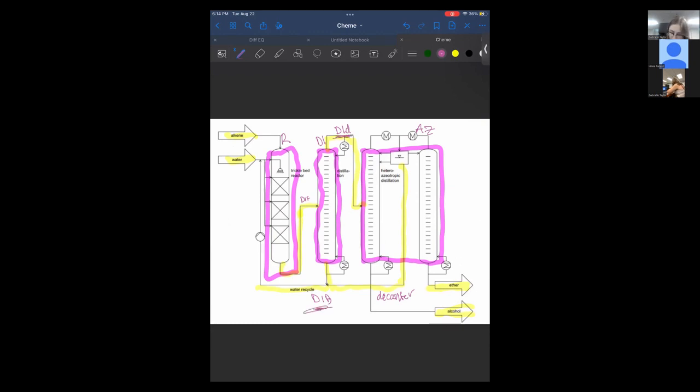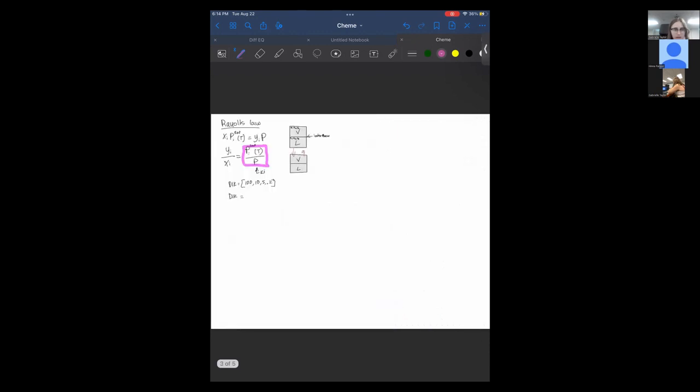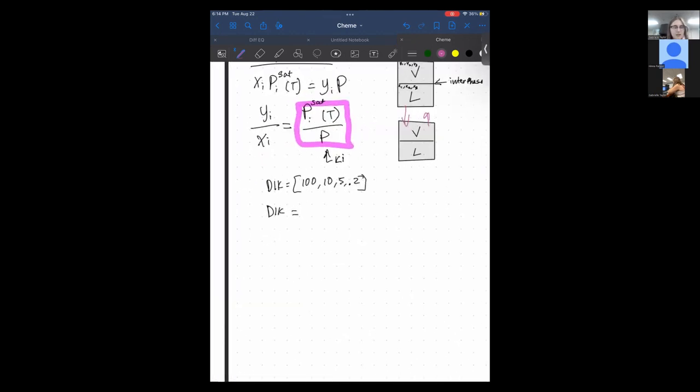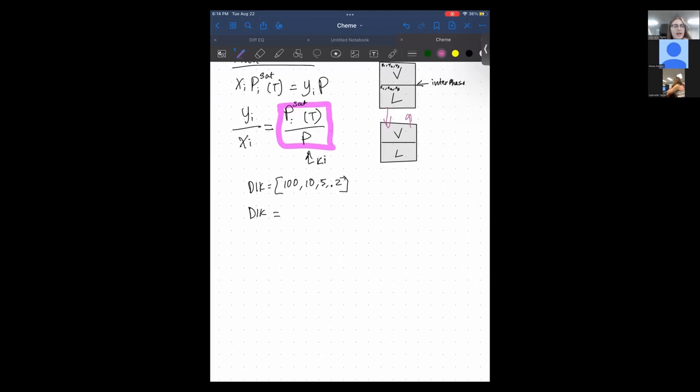That is going to be our liquid phase. And then we have our distillate, that's going to be our vapor phase. If we multiply these by their mole fractions in the vapor or the liquid phase, we will be able to get the dK constant at the distillation chamber.